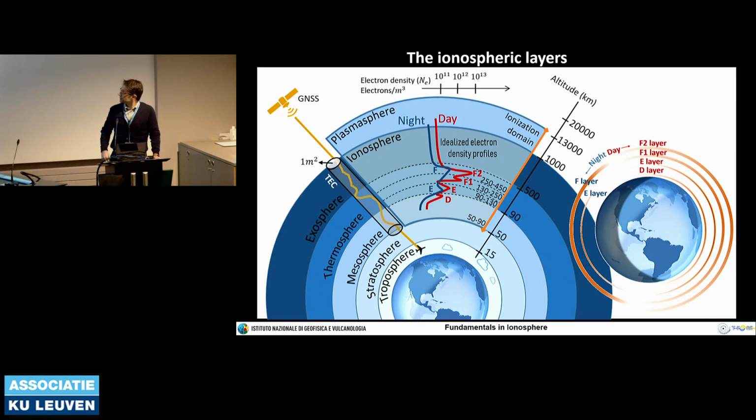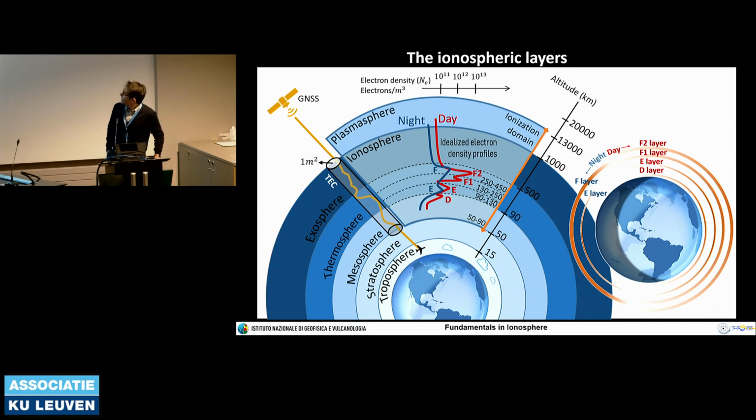On the right, in red, you have the typical daytime ionosphere, which is composed of 4 layers: D layer, E layer, F1, and F2. And a less structured ionosphere is present during the nighttime, with just the E layer and F layer.